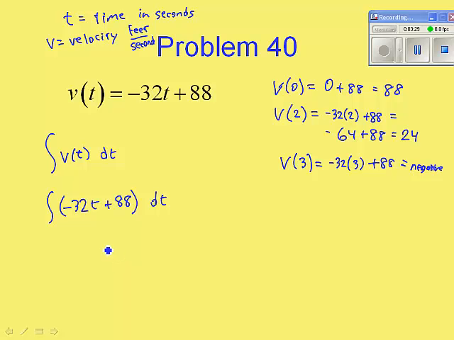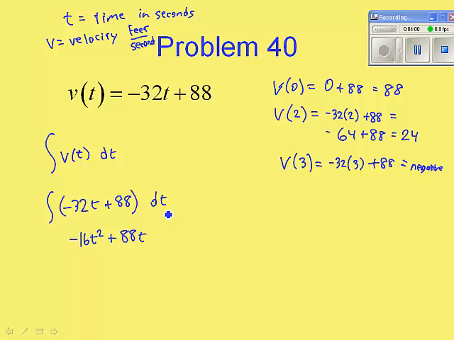Okay, so when I integrate, what do I get? Negative 16t squared plus 88t. Okay? And that's a parabola.